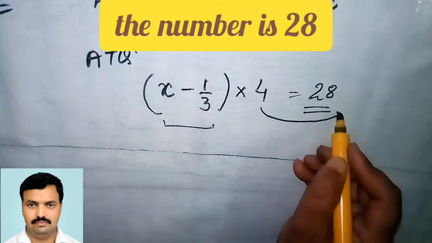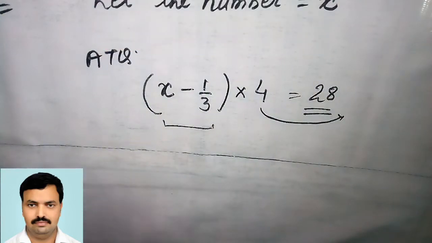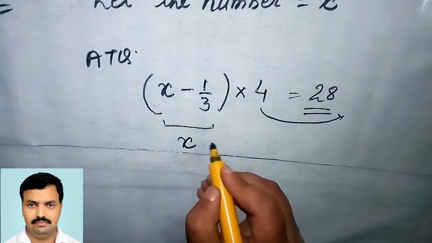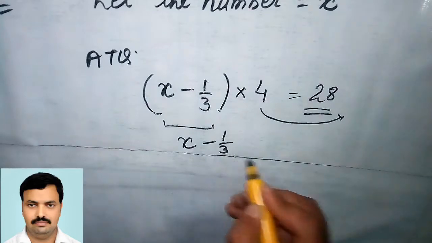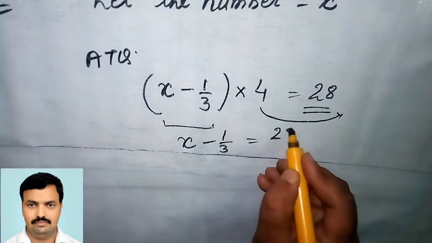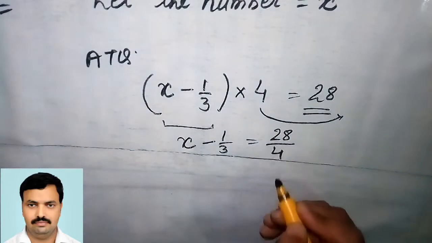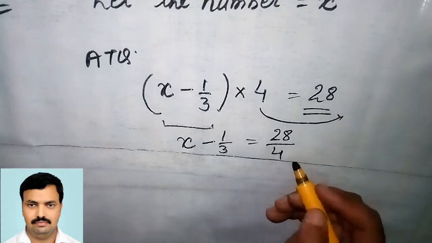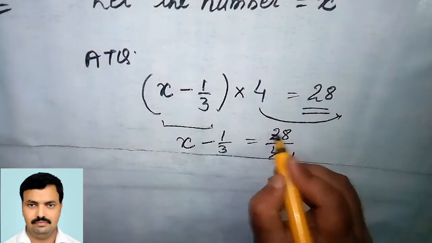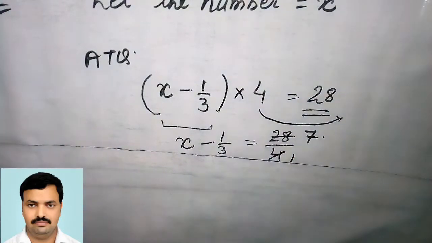This is your linear equation. Now take 4 to the right side. It is in multiplication, on the right side it will go in division. It will come equal to 28 upon 4, and 4 7s are 28.